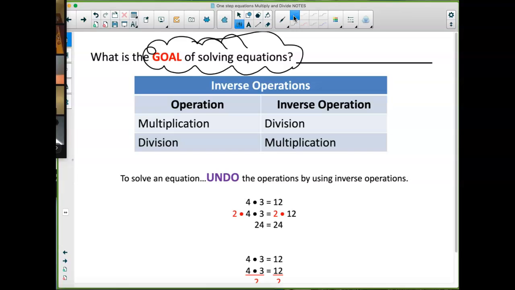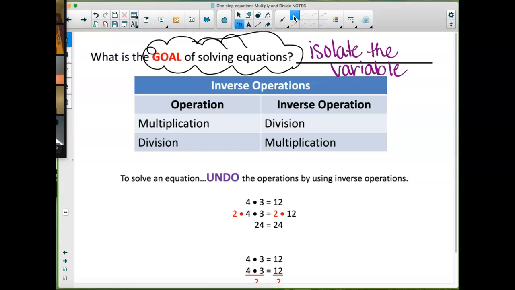Anybody remember? Okay, so write this down. The goal is to isolate the variable. Okay, the goal of solving an equation is to isolate the variable.